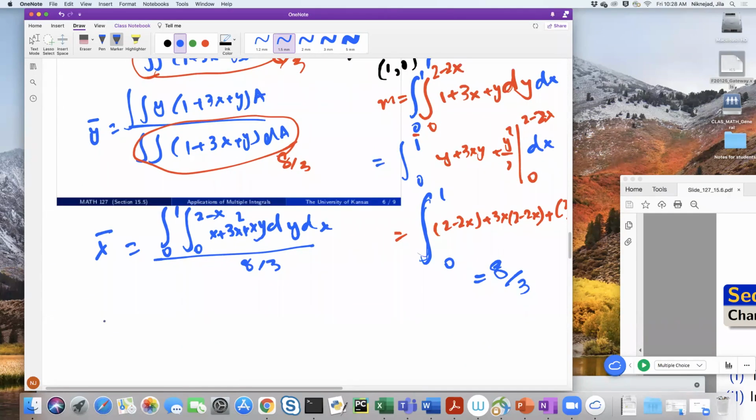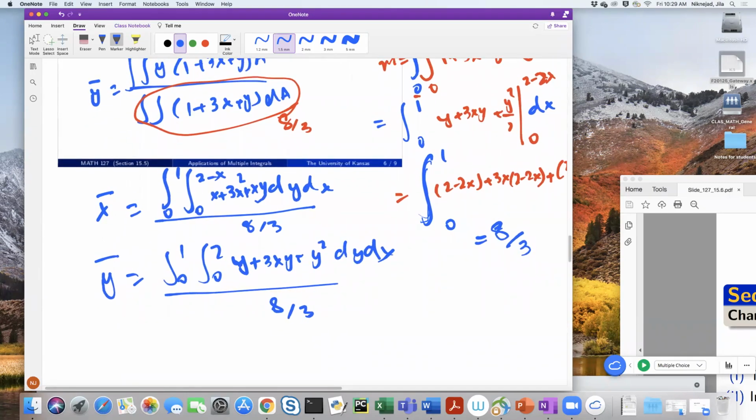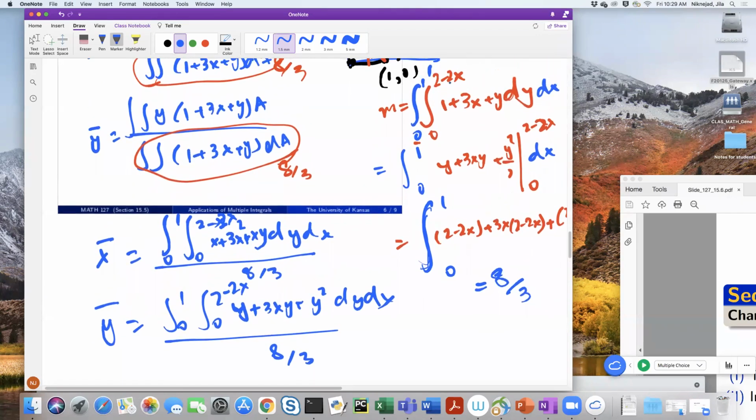For y bar, we will have the same setup, but instead it's y times, so it's y plus 3xy plus y squared dy dx over 8/3. Oh, what did I do? I set up the bounds as 2 minus 2x; it has to be exactly the same as that one.